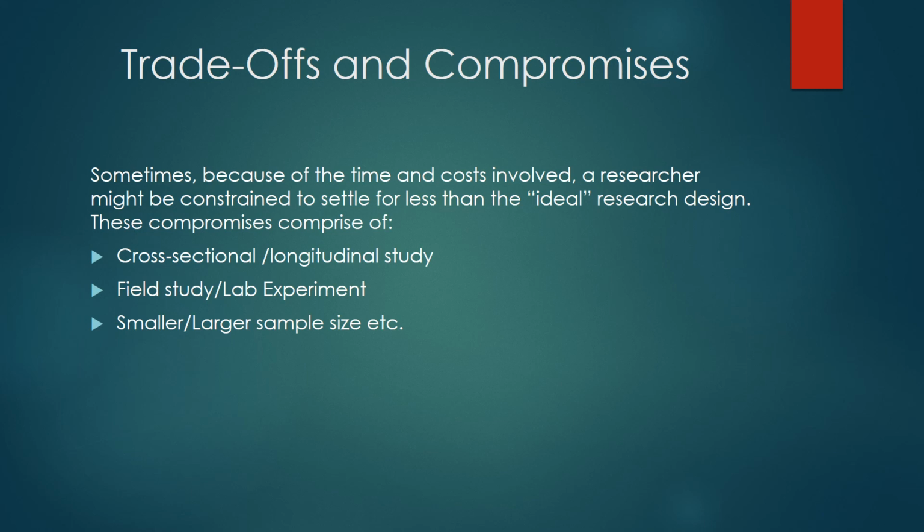For instance, the researcher might have to conduct a cross-sectional instead of a longitudinal study, do a field study rather than an experimental design, choose a smaller rather than a larger sample size, and so on. So, these are the trade offs and the compromises that we have to face in research design.